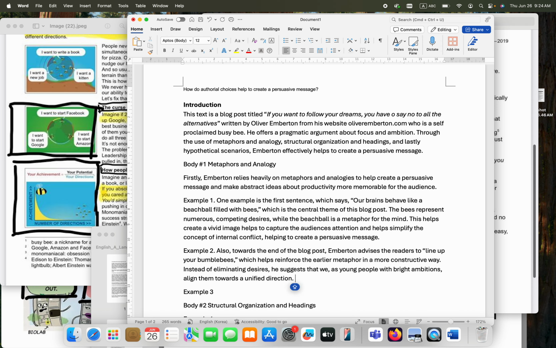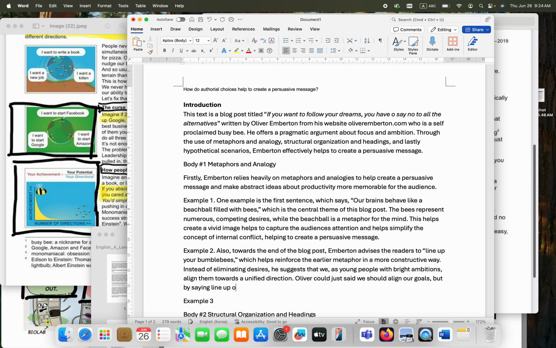So just say, for example, Oliver could have just said, we should align our goals, but by saying line up our bumblebees, it captures the attention of the readers.